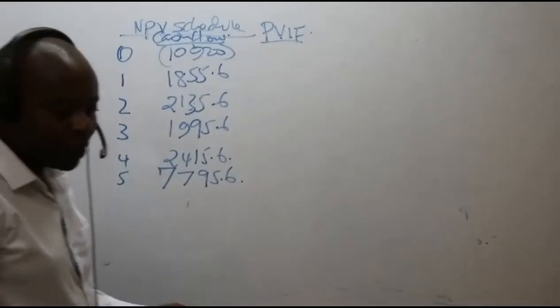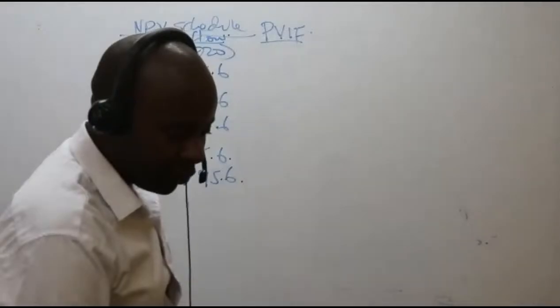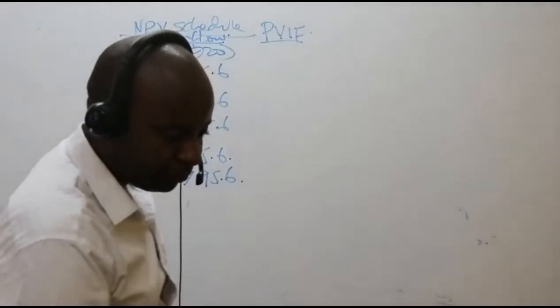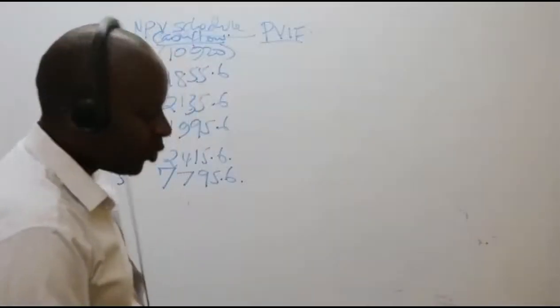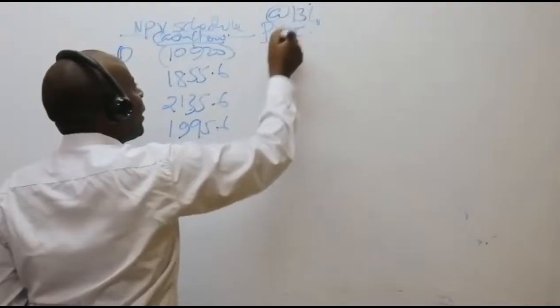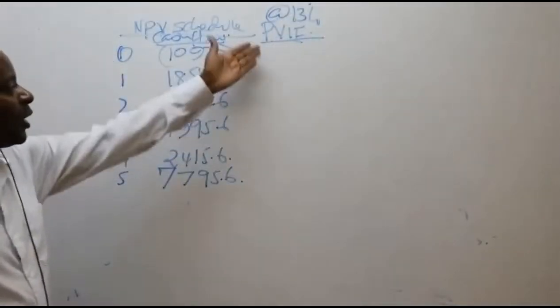For the PVIF, the cost of capital is 13%. Is there anybody who has a lump sum table with 13%? Could you kindly read these figures for us?